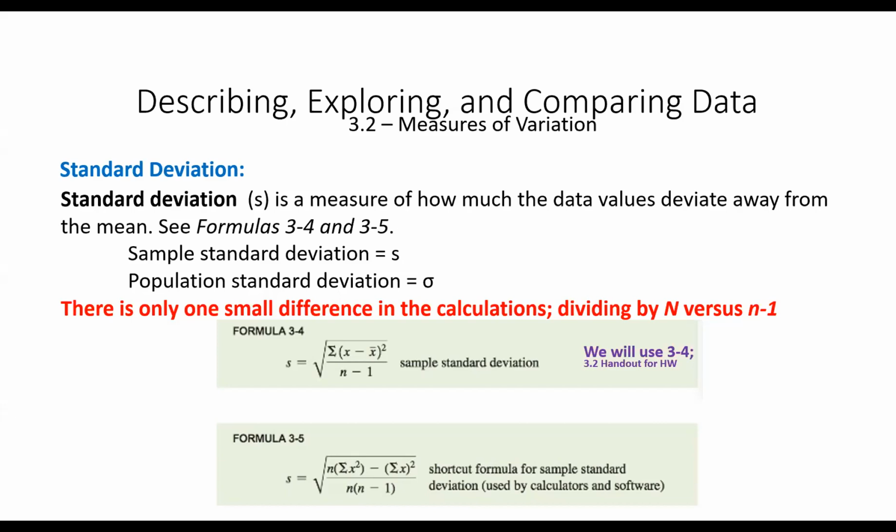Now, a couple things about the standard deviation. If we calculate the standard deviation on a sample versus the standard deviation on the population, as you can see right here, our notation is different. Standard deviation from a sample is lowercase s.